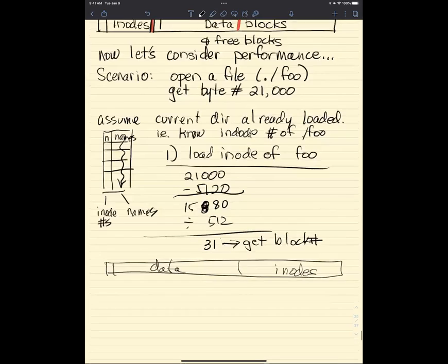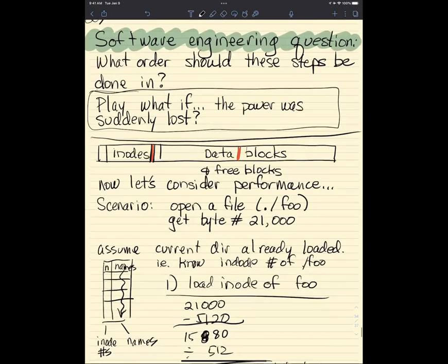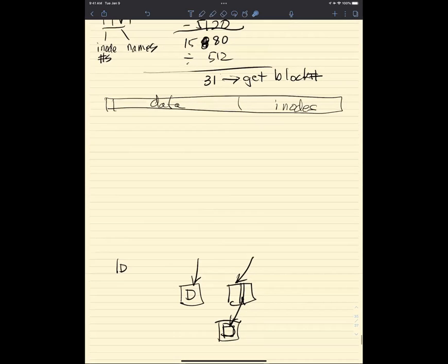And potentially, let's go back up to this picture. Potentially, the data block needed for a file pointed to by this inode might be all the way at the back here. Can we kind of splice the data blocks and inodes together and place the inode next to the data block that it refers to? Yes, that is the big change.